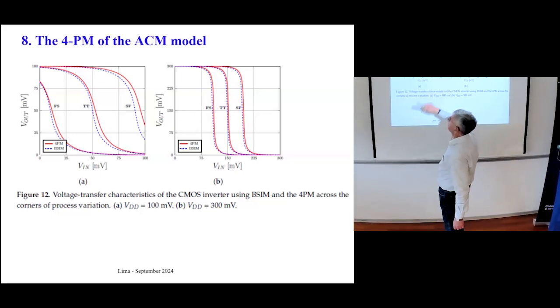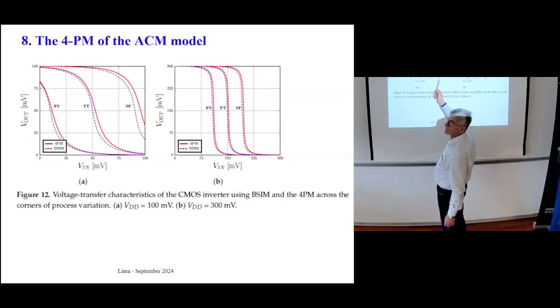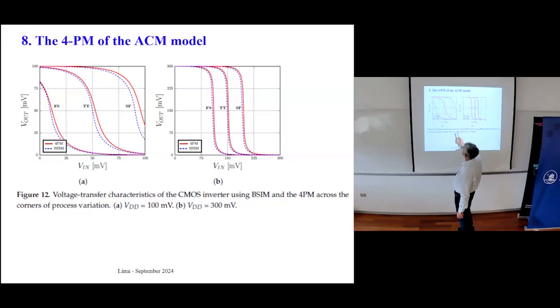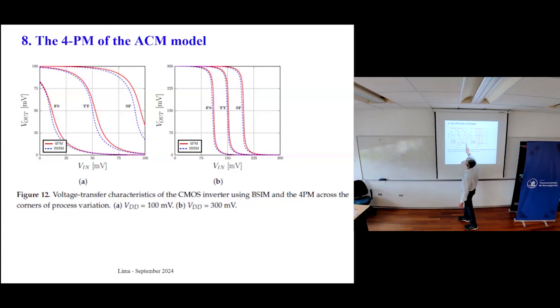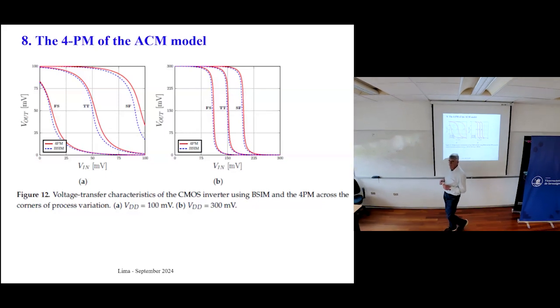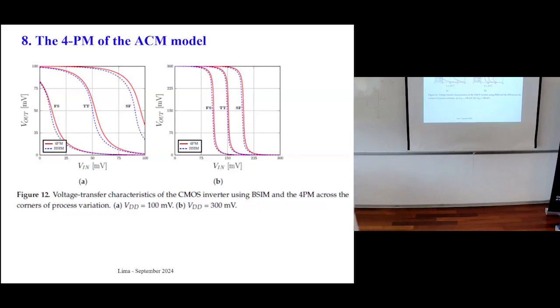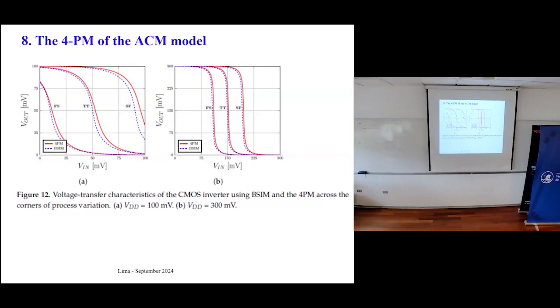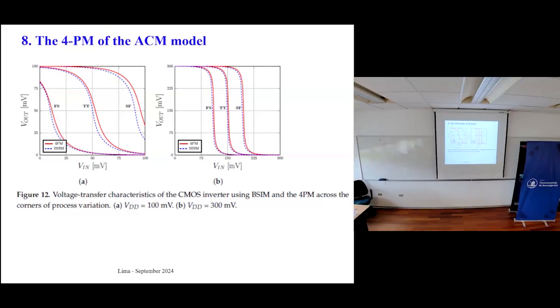For this case, the supply voltage is 100 millivolts. See how the performance of the transfer curve degrades when the technology changes. Look here: if you have, for example, 0 volts at the input, the output is not VDD. It's close to VDD, but it's not VDD. It has been demonstrated that in CMOS technology, at room temperature, the minimum supply voltage is 36 millivolts.